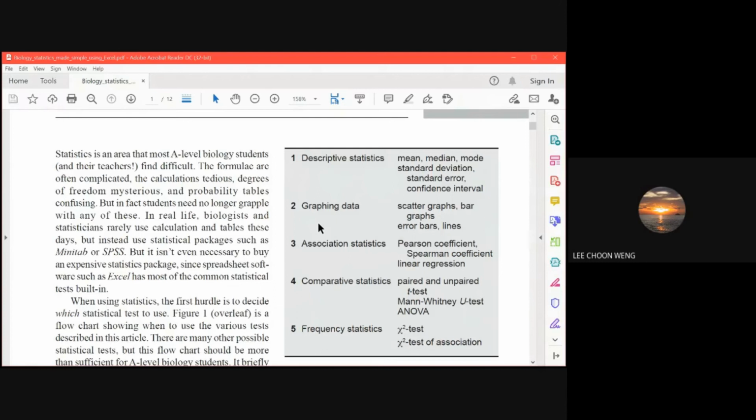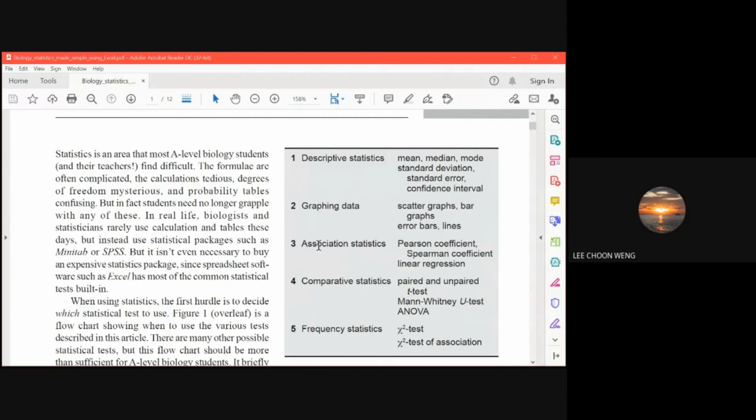Because if you just keep putting out tables and tables and tables of data, the readers will not be interested, and most of the time they won't be able to see whatever pattern may be in your data.